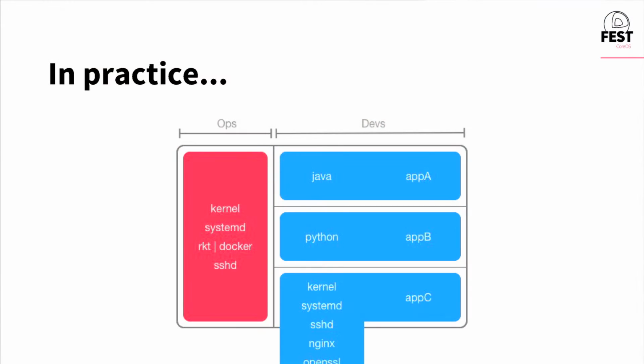Well, ideally, containers should be quite small. But in practice, containers tend to be gigantic. This is because base images such as Ubuntu or CentOS or even Debian are used, and they ship hundreds of useless packages with them.